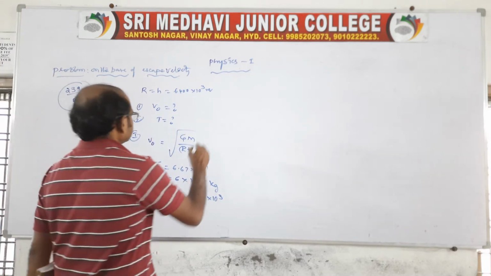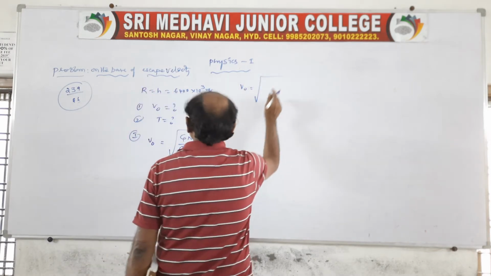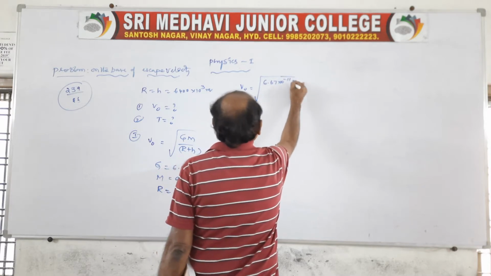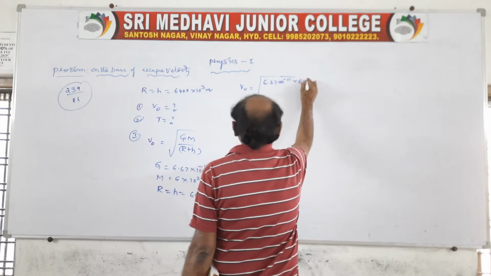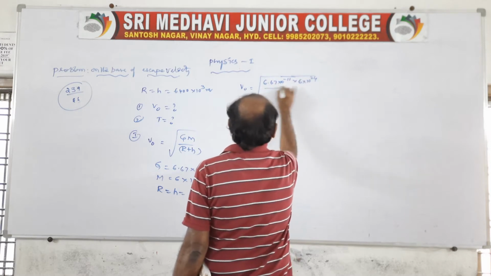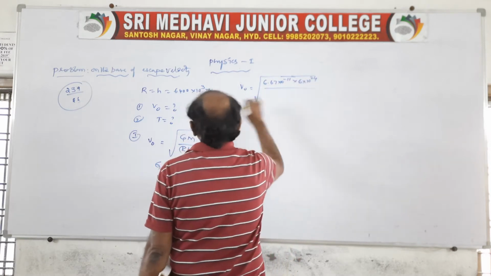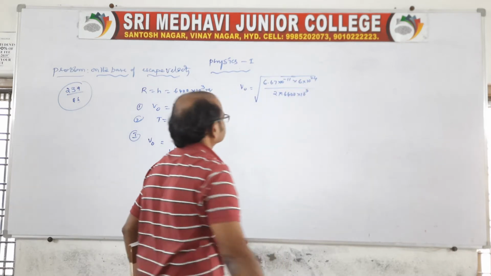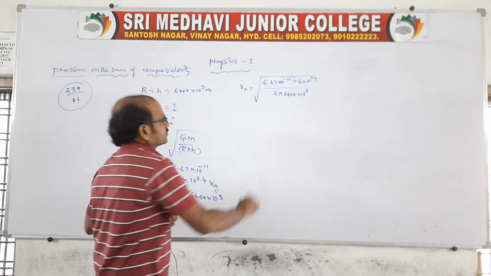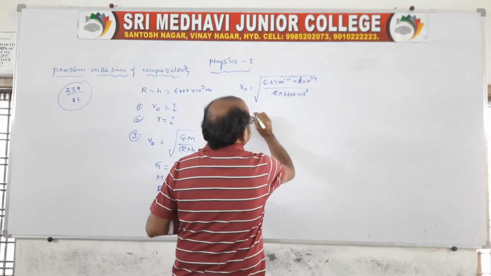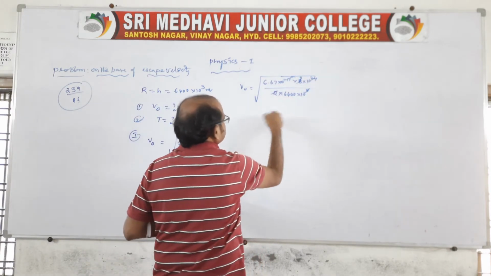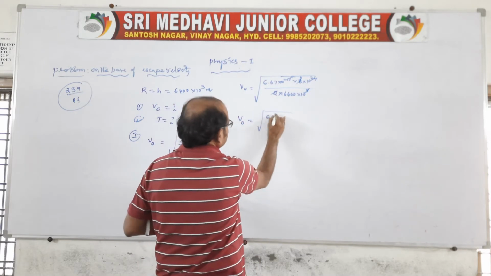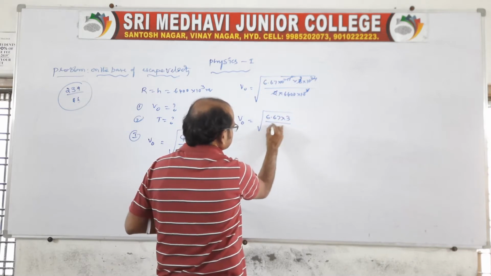So you take V0 is equal to root over G 6.67 into 10 power minus 11 into capital M 6 into 10 power 24 by R plus H, which is 2 into 6400 into 10 power 3. Of course, here we should take like this, the 3 cancelled, and this is also cancelled, so that we may get V0 is equal to root over 6.67 into 3 by 64.